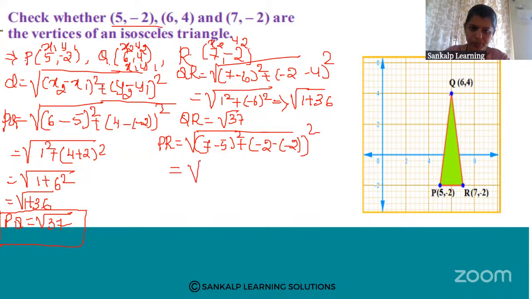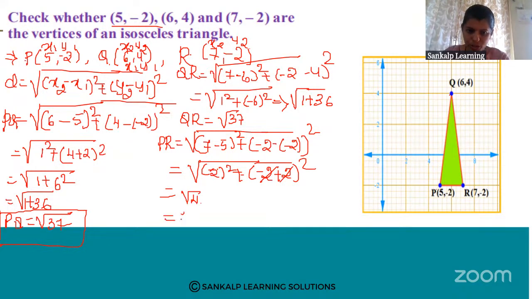Yes or no? 7 minus 5, that is 2 square, plus minus 2, minus into minus, plus 2 whole square. So minus 2 and plus 2 will get cancelled. So this is 0 square, that is 0 only. 2 square is 4. So square root of 4 is 2. That means the PR value is 2.